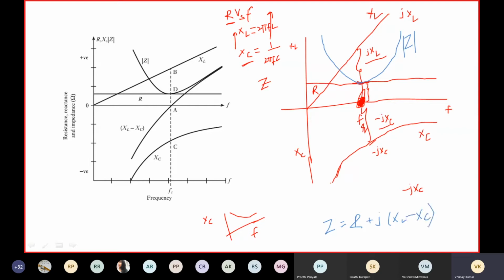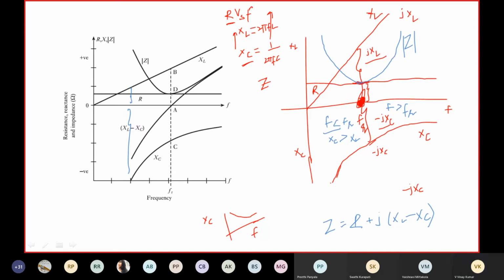Here this portion is F less than FR, and this portion is F greater than FR. For F less than FR, XC is greater than XL. You can see here, XC is having this much magnitude, XL is having this much magnitude. So XC is greater than XL.